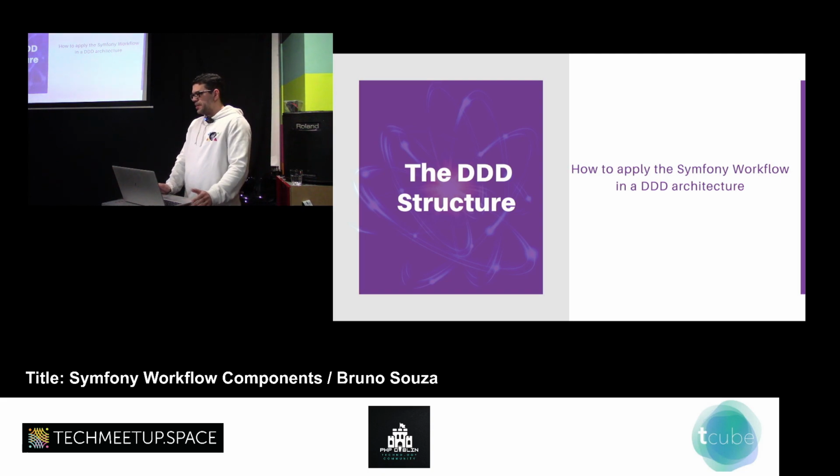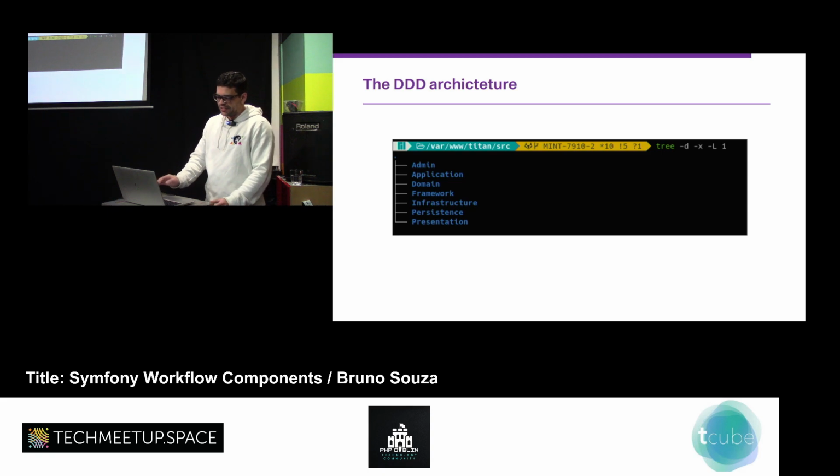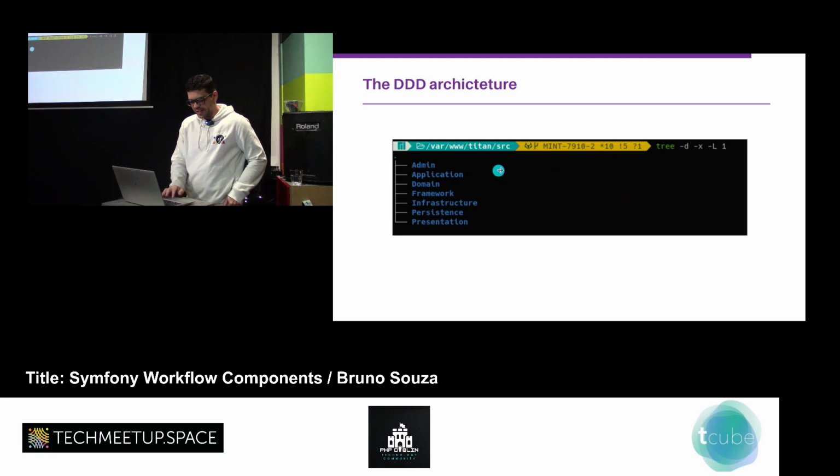But one of the main questions in the community since the component was created is: how can I use that with a DDD structure? So this was the application structure. Here we have these folders, like admin, application, domain.